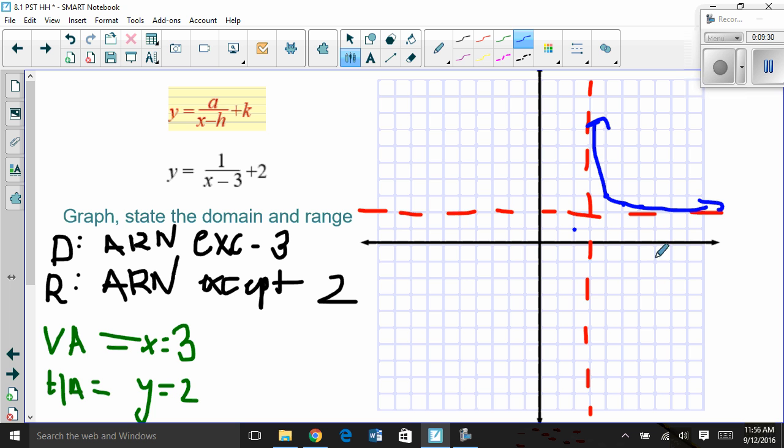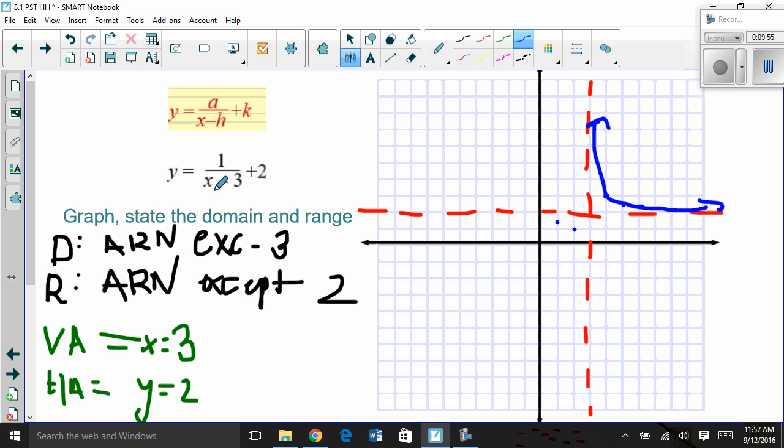Okay. Next one, let's plug in 1 here. So we have 1 minus 3 is -2. So we'd have -1/2 plus 2, so that'd be positive 1.5. So we'd have 1 to 1.5 there.